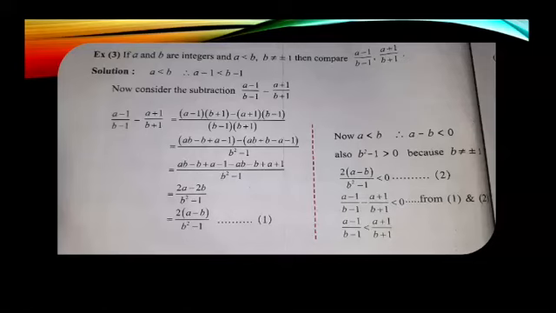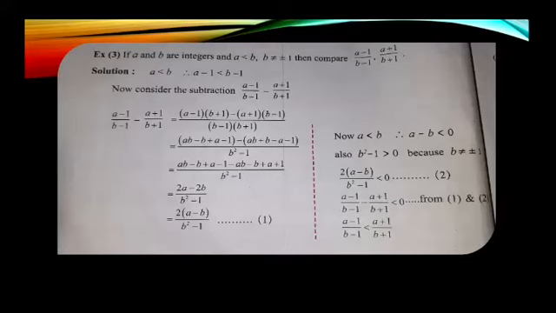That is equal to (a minus 1)(b plus 1) minus, as there is a minus sign over there, (a plus 1)(b minus 1), upon (b minus 1)(b plus 1).